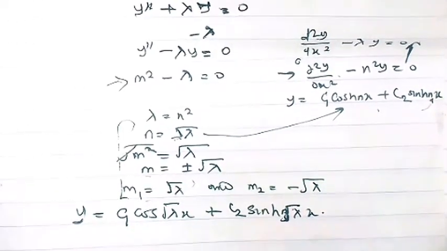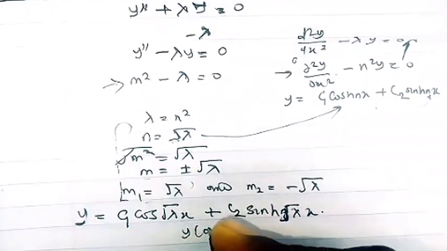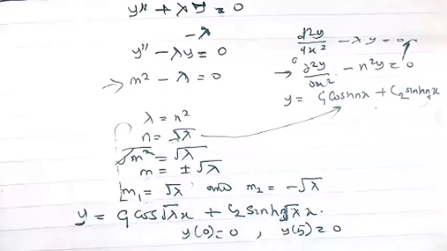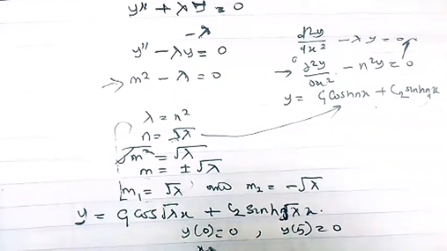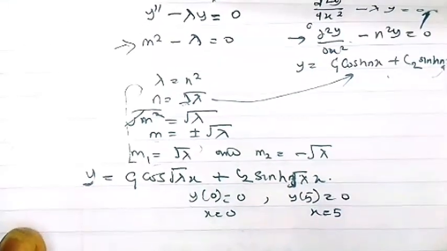So now let's proceed. From our boundary conditions, y of 0 is equal to 0 and y of 5 is also equal to 0, we put it here, which means x is equal to 0, and here x is equal to 5, right? So we put it into the equation we have.